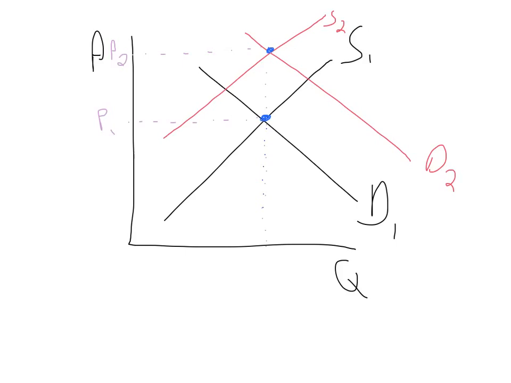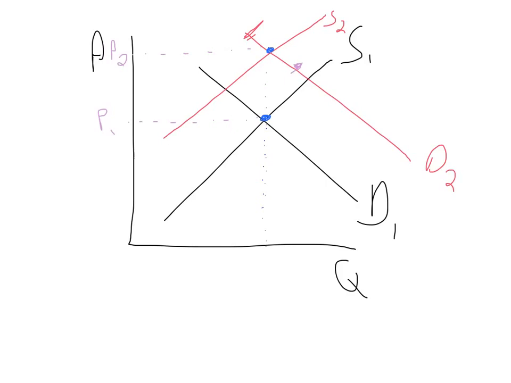If we draw our new supply curve here, the new equilibrium would be right there, and the equilibrium quantity would be greater than the original one. If we had drawn our line over here, the equilibrium quantity would be less. And when we drew it where it was, it was the same. So since we don't have numbers, the equilibrium quantity is indeterminate.